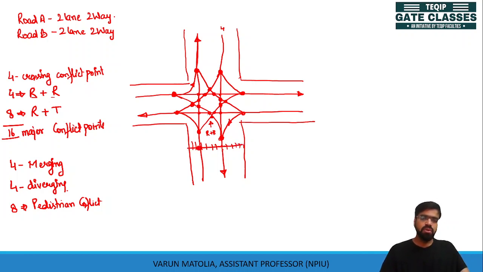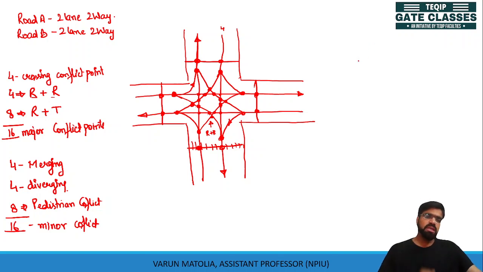So these are the pedestrian crossing or conflict points. So there are 8 pedestrian crossing points or conflict points. So this we will write as total 16 minor conflict points.